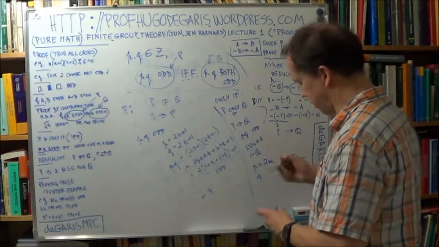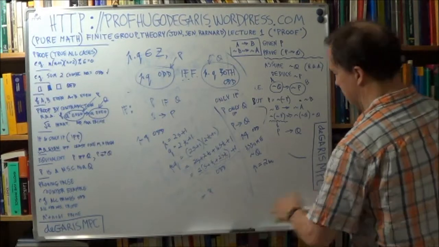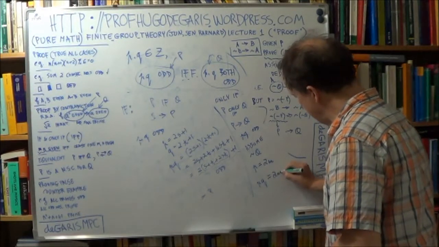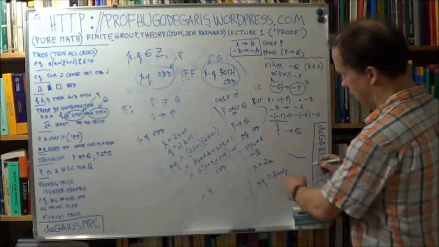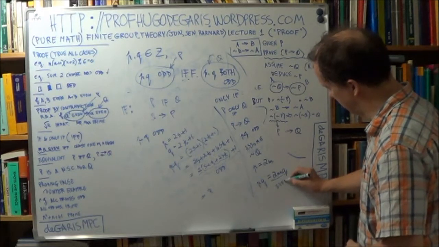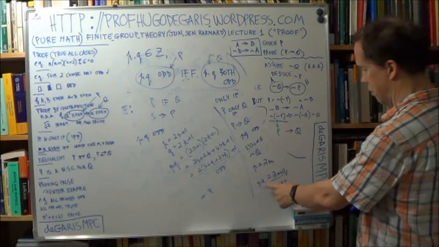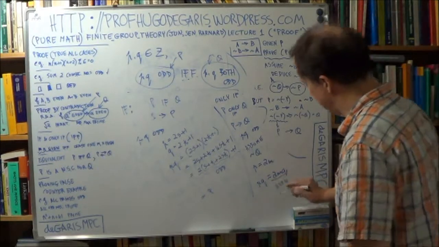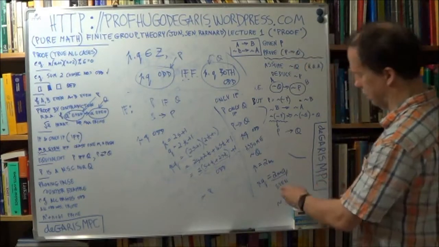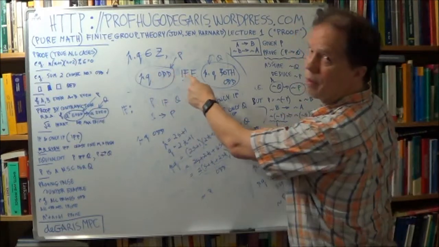And Q, we don't care about Q. So PQ now takes the form of 2n times Q. But that's even. So PQ is even. That's the same as not P, because PQ is odd.